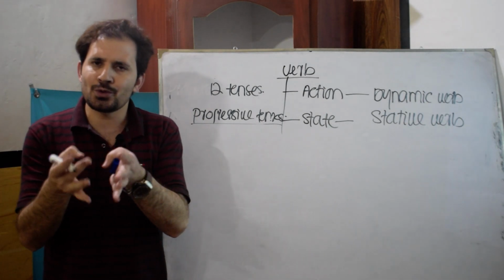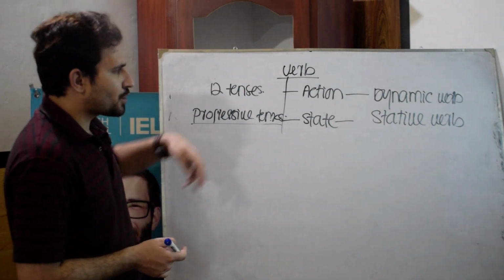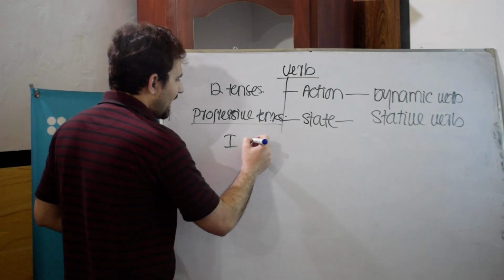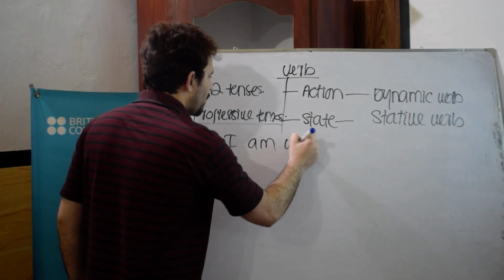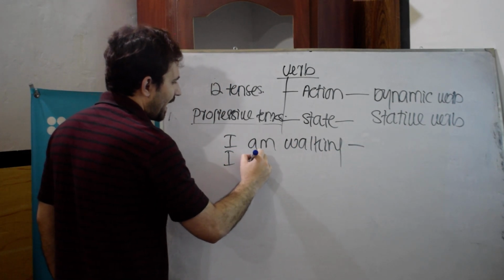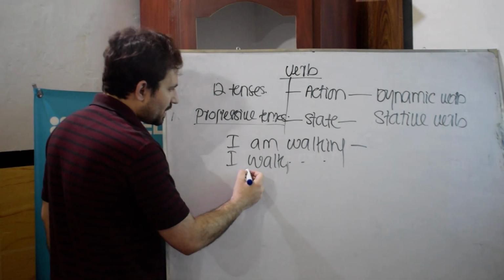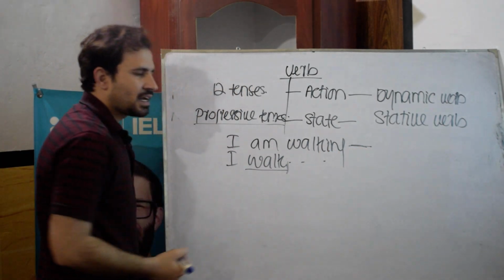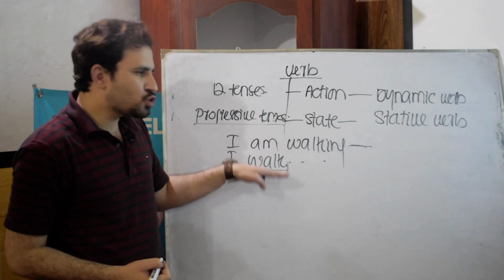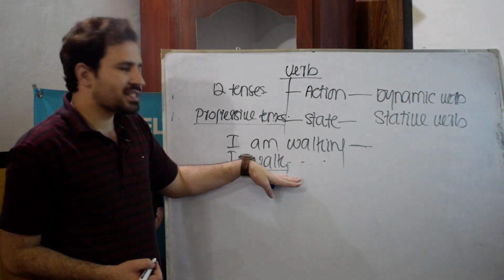I will be explaining with the help of examples. Let's first take an example of action verbs. If I say I am walking, or I can say I walk. Can you see, I have used continuous, I'm walking, and also I walk, in present continuous and simple present.